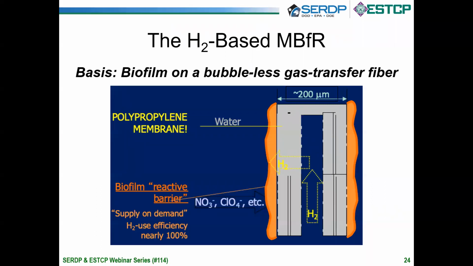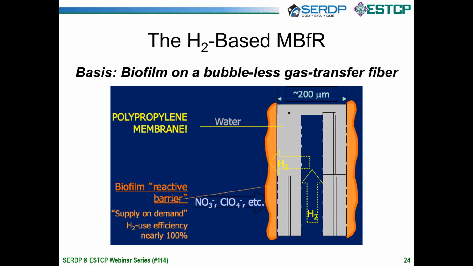So in this diagram on the right, you can see a cutaway diagram of a hollow fiber membrane. This is a non-porous, bubbleless gas transfer membrane. And in commercial practice, they're usually made out of polypropylene. Hydrogen gas is delivered to the interior, or the lumen, of the membrane.